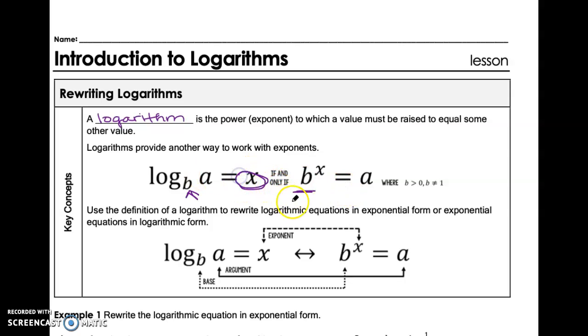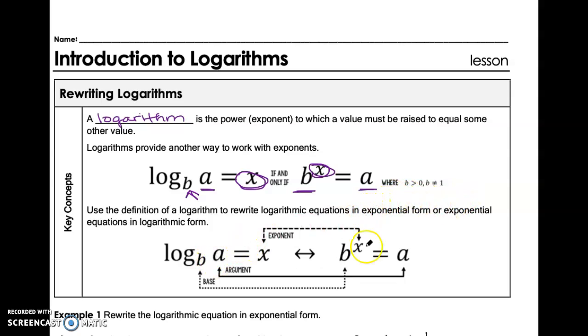So in a logarithm, because we're solving for the power, that's what it's equal to. In an exponential function, we would show it as raised to the power. And then it's going to equal some number. And so with the logarithm, that number that we equal is written after our logarithmic expression. And in exponential, again, that's what it's going to equal.